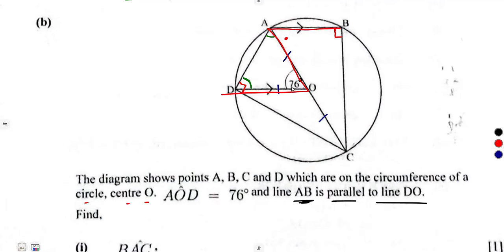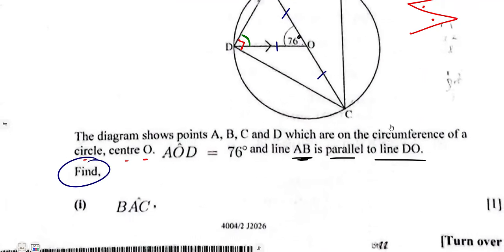So this angle at A and the angle at O will be equal. So this angle at A here is 76 degrees automatically. Alternate angles. Okay, so this is what you're given.